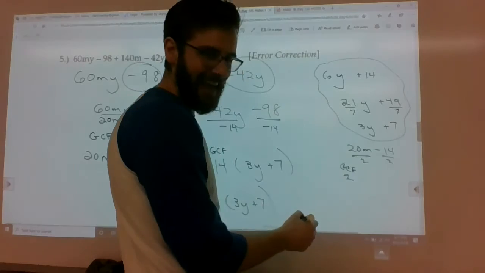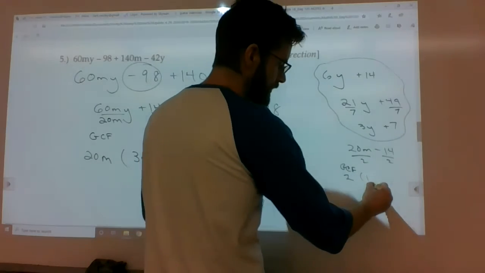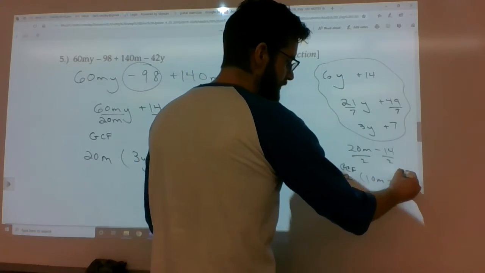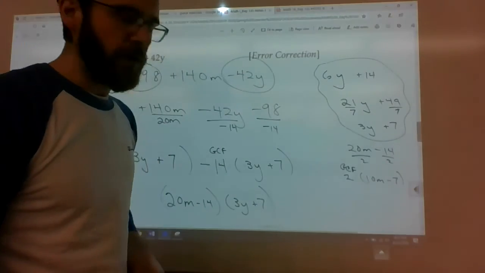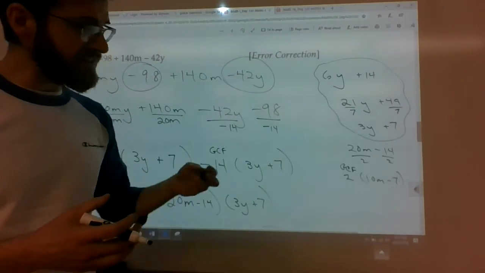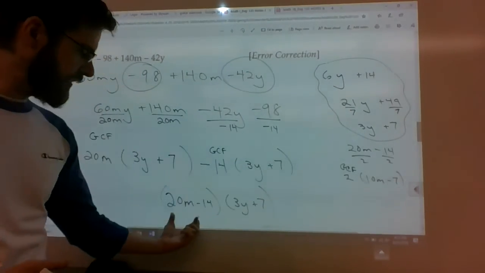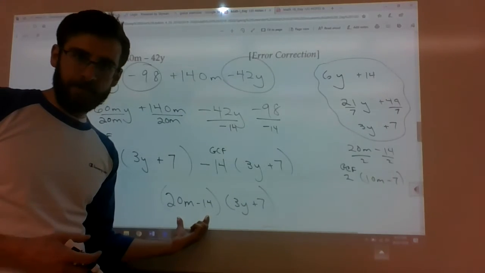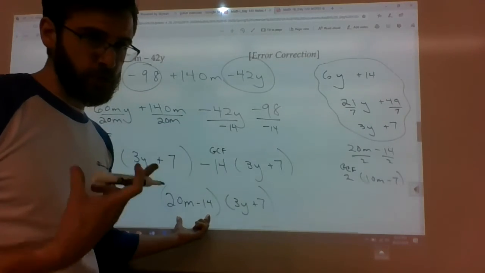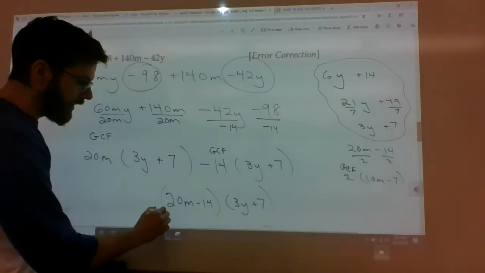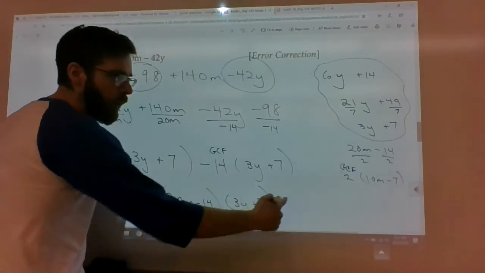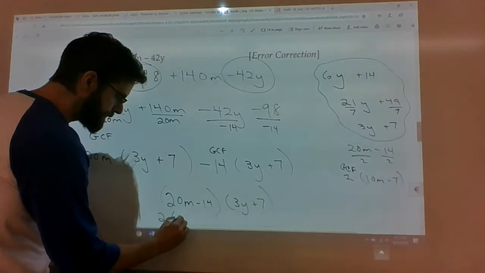You'd get 10m for my leftovers minus 7. Okay, so in this last move, this is essentially what you're doing. You're taking the small polynomial here, that particular binomial, two-term polynomial, and you are factoring it one step further.